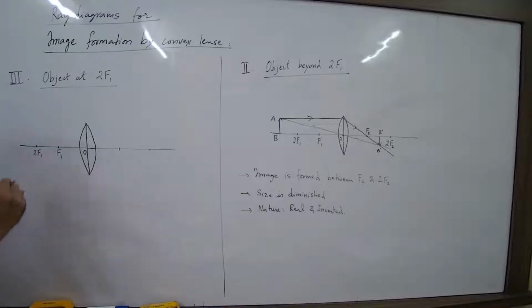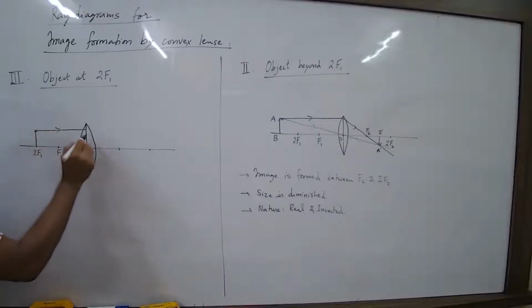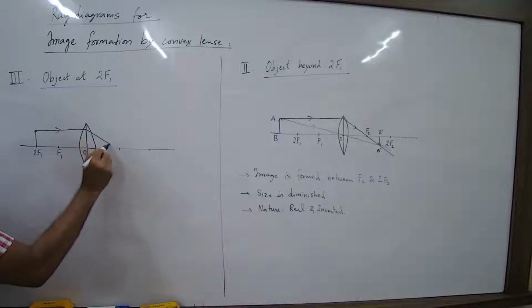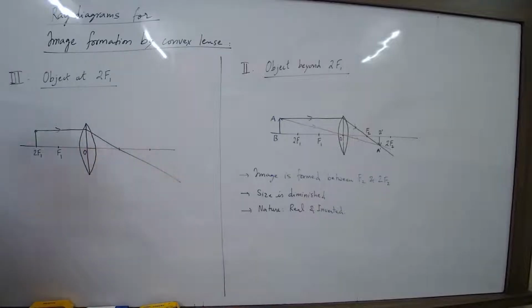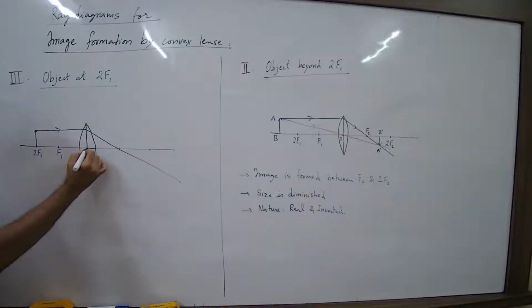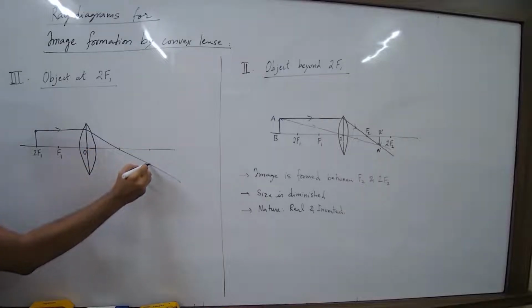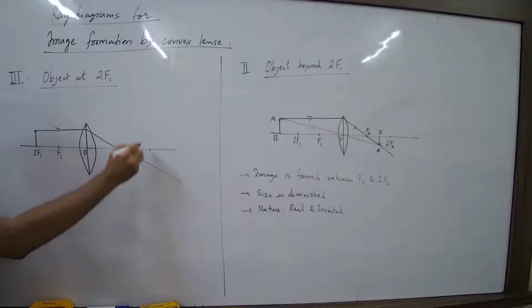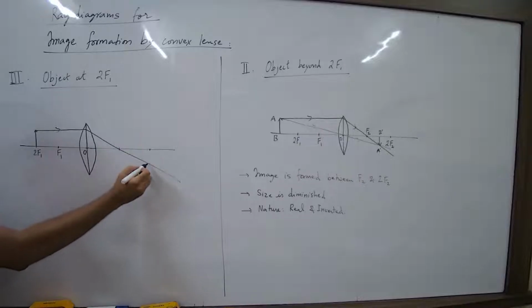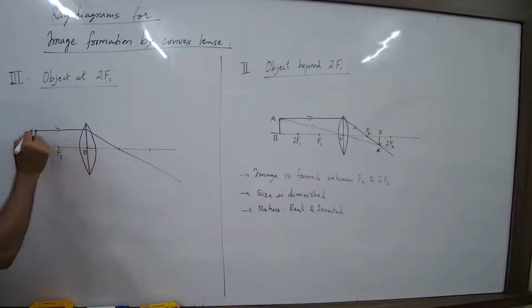First you draw the rays. So where is the object now? Here. First ray parallel. It will pass through focus. Right? Now where is the image? Image should be here. This point, okay? This is how you should get the correct image. Now match this point and this point.